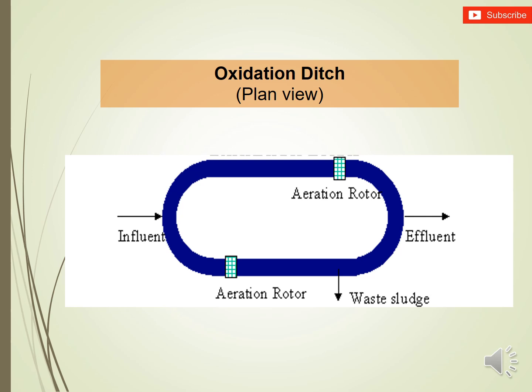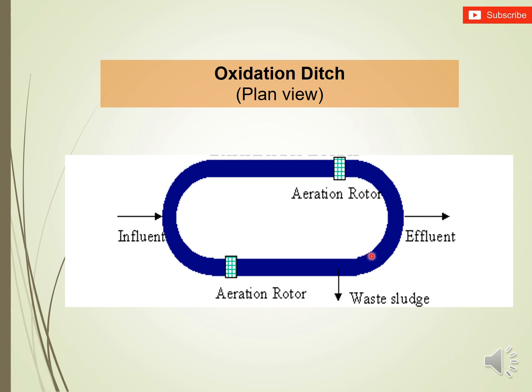Anyway, as you can see, we have two aeration rotors or two aeration points in the channel. These will provide the aeration in two stages of the channel. So for example, if this is the influent point and the flow will start this way, at this point there is an aeration, so we expect that the wastewater in this zone moving this way is in an aerobic condition.